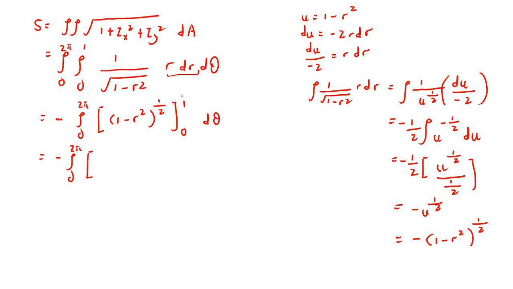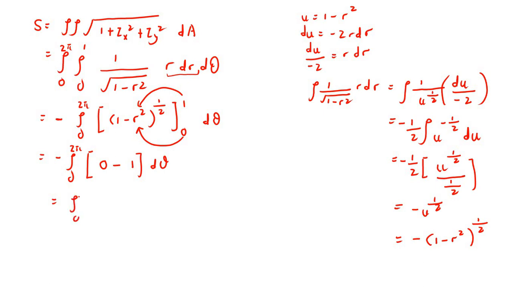So now plug in the upper limit in r, so 1 minus 1 is 0, cancel, 0. Okay, so when you plug in the lower limit it is minus, so this is 0, so 1 to the power half is 1. You get negative, negative, positive.